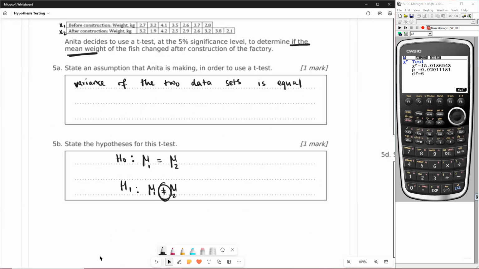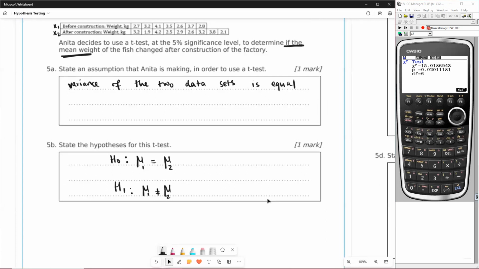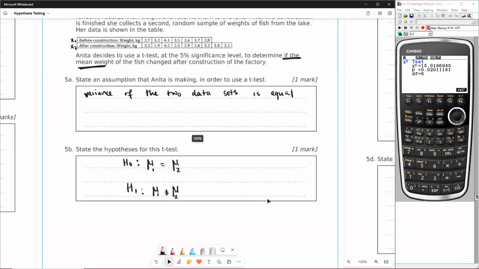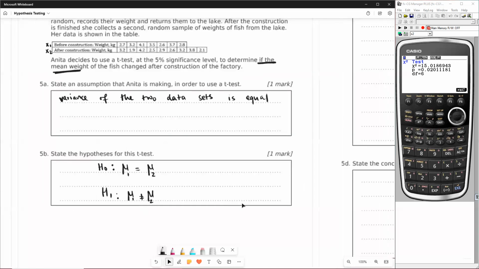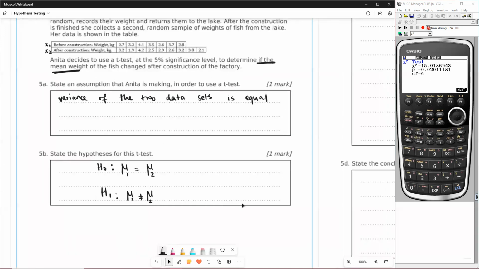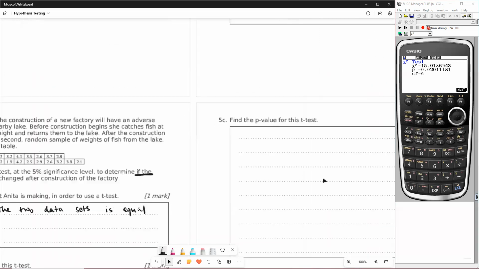What you choose to write here is really important because you do put that in the calculator. It's deciding whether your test is one-tailed or two-tailed. Right now, our test is two-tailed. If it had said less than, we would have a one-tailed test. If it had said more than, we would have a one-tailed test. But because it just said it's going to be different, not the same, that's a two-tailed test.